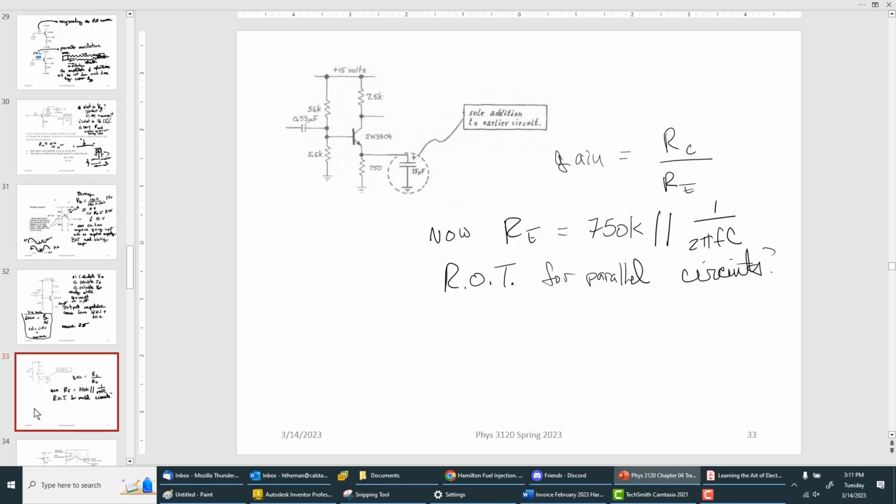But now, the emitter resistor is the 150, not K, in parallel with the capacitor, which has a resistance of 1 over 2 pi Fc. And so I want you to think about gain, basically rule of thumb for parallel circuits, and gain as a function of frequency.